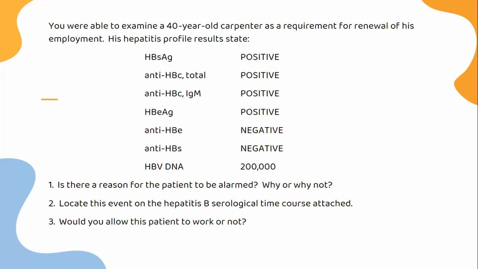The immunoglobulin M antibody to hepatitis B core antigen is positive. HBeAg is positive. Anti-HBe is negative. Hepatitis B surface antibody is negative, and the HBV DNA is 200,000. Next, please.